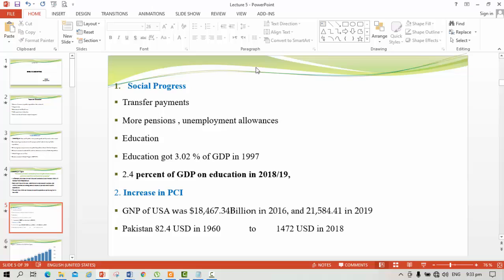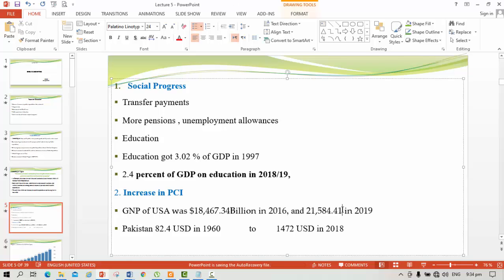factors determining it, is the increase in per capita income. As the per capita income increases, this means an increase in the GDP and the GNP of the country, which increases the government expenditure. The GNP of USA was 18,467 billion in 2016, which increased to 21,584.41 billion in 2019.